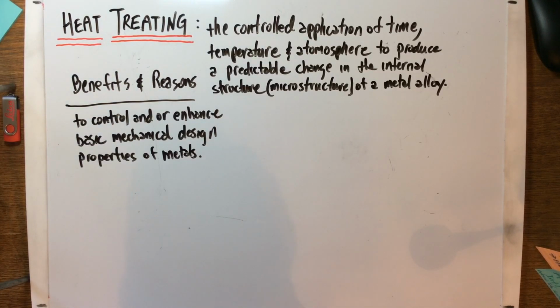And so we are able to manage the potential properties of steels through these basic heat treating practices. It allows us to gain specific specifications relating to the metal's properties to obtain that design performance for that particular component.